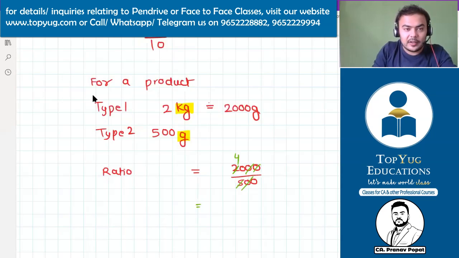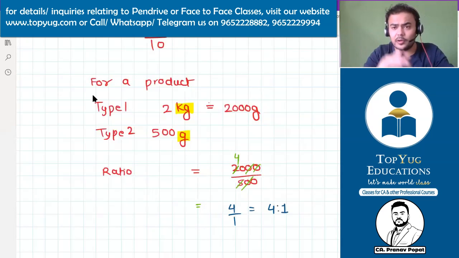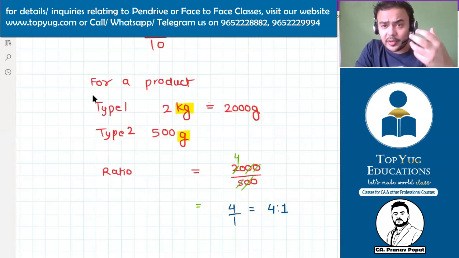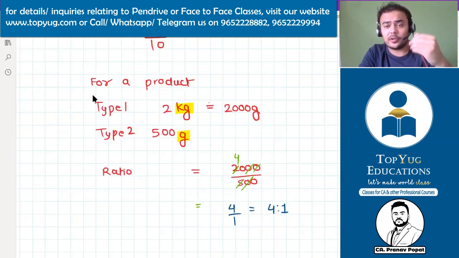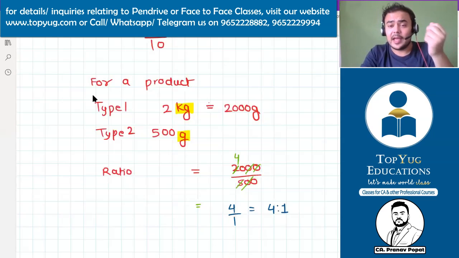So we'll get 4 ratio 1. 4 upon 1. Then I will write it like this, 4 ratio 1. Got this? So ratio is a division of two types of quantity, but not any quantity. It's not just a number. It's a division of two comparable quantities having the same type or same units.